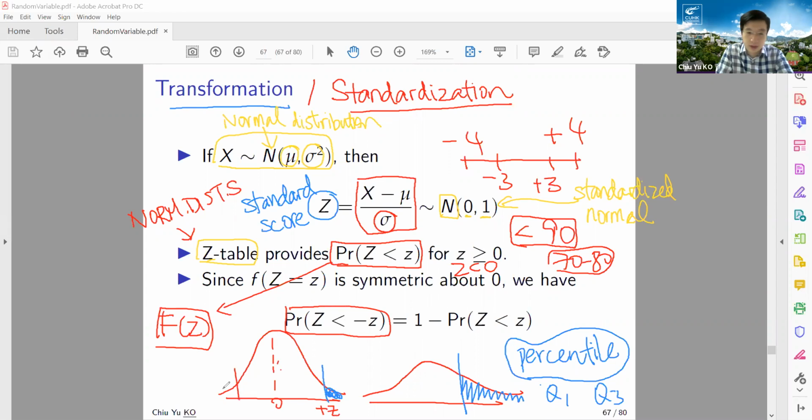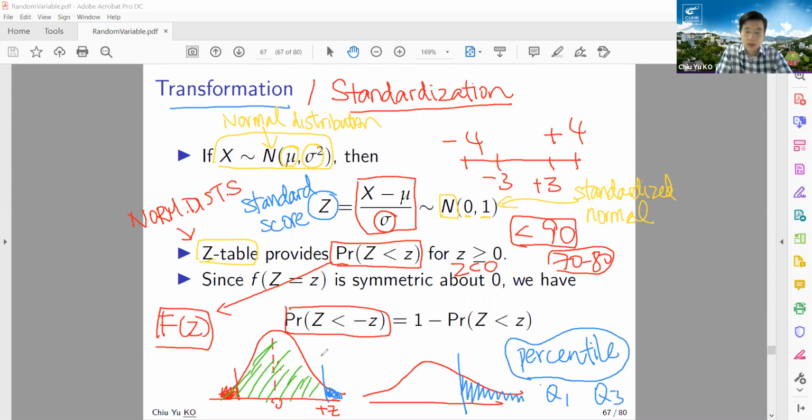Because of symmetry, this area is the complement of the blue area, okay? And the blue area, if you flip it, will become the red area. Just to repeat, if you look at this table, they just give you the green area.